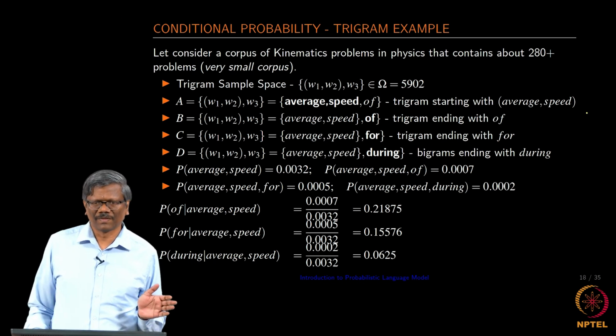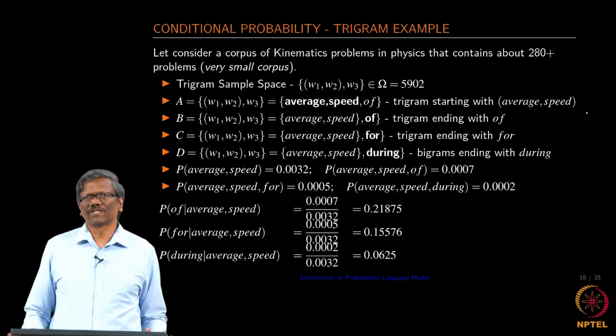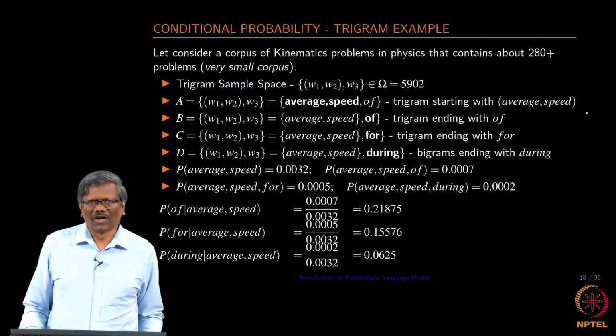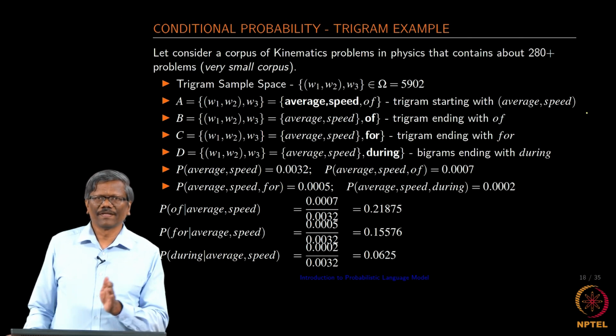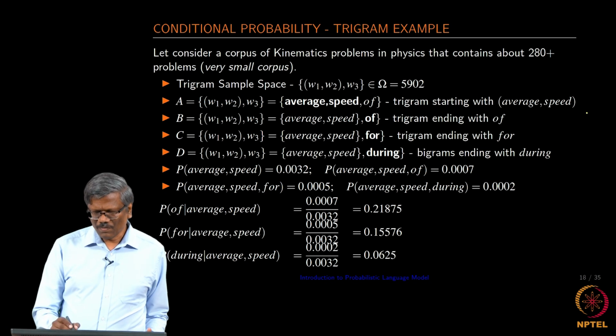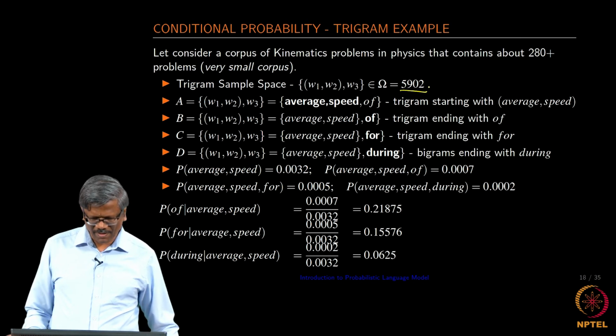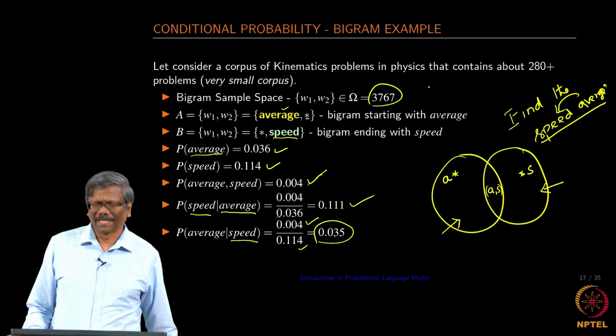So, I use the window size with 3 slots and then move the slots along the document, and then I am capturing all the trigrams. So, this space is now containing 5902 trigrams. So, if you remember the previous case for the bigram, it is only about 3767.